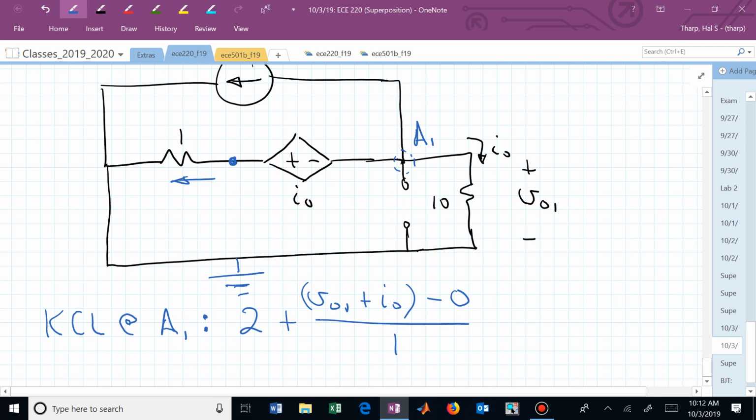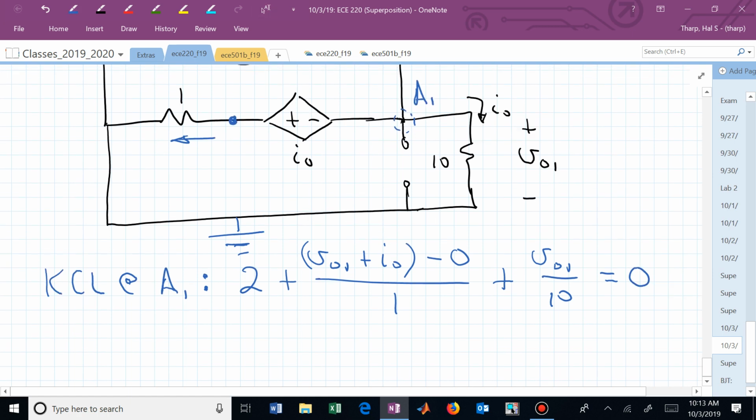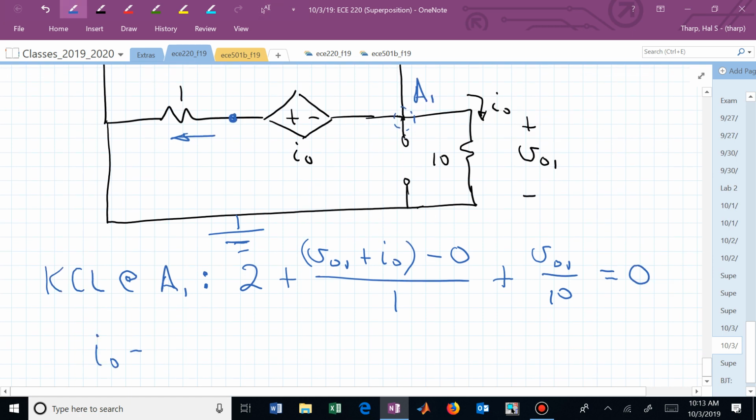And then I have I sub 0, but I sub 0 is V sub 0, 1 over 10, and that's equal to 0. This can be used in that. And now I have one equation in the one unknown V sub 0, 1.